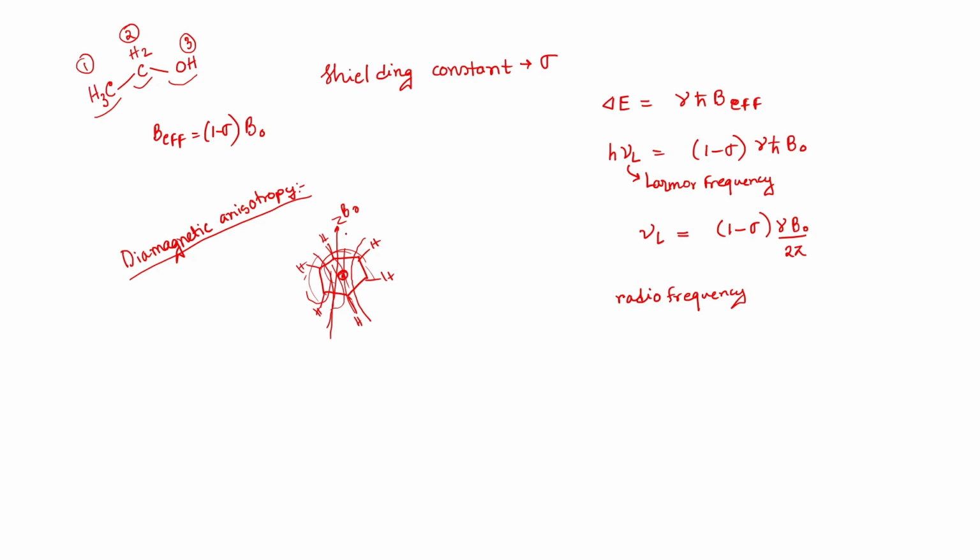Deshielded means it is experiencing more magnetic field. Suppose there are porphyrin rings.